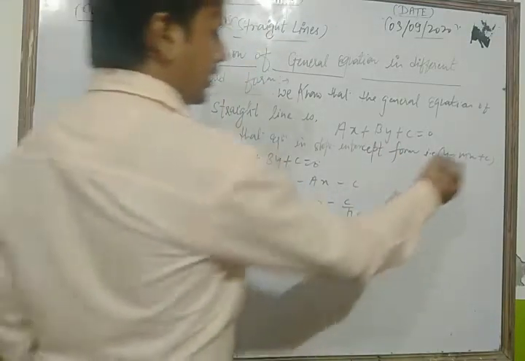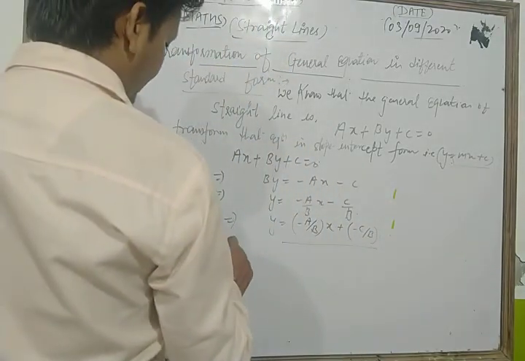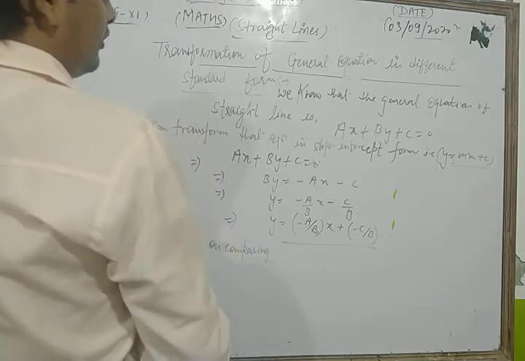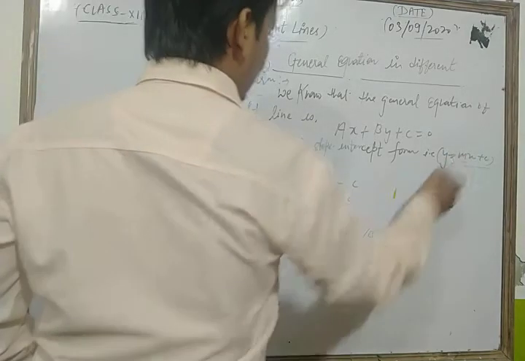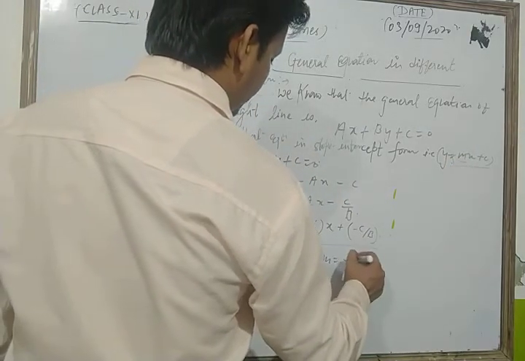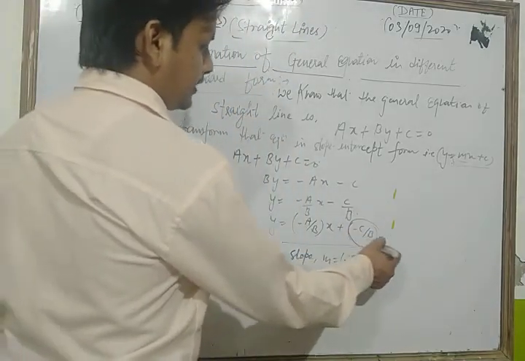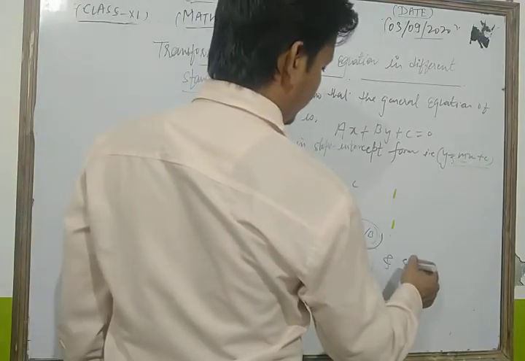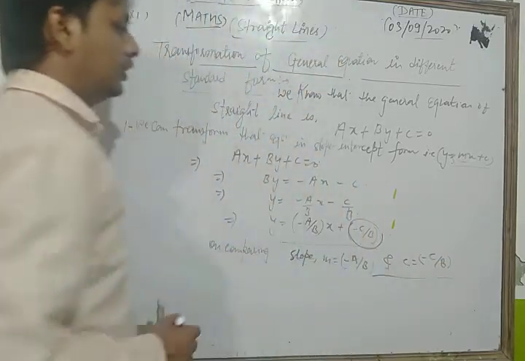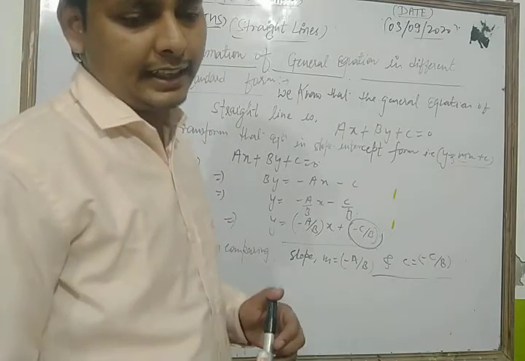Now if we compare that equation of line with this, on comparing we get the slope of that line, slope is equal to minus a upon b, and the y intercept c is minus c upon b. So dear students, in this way we get it.